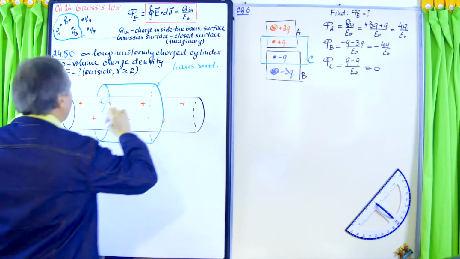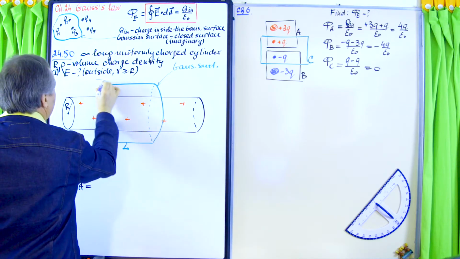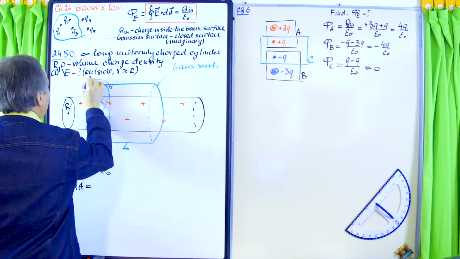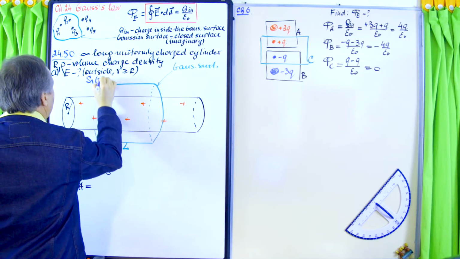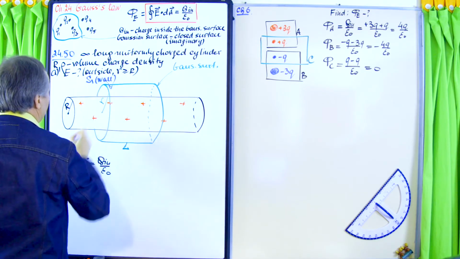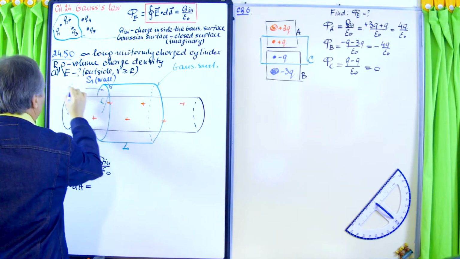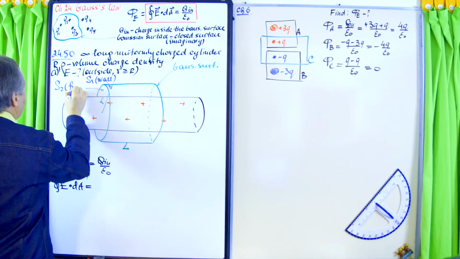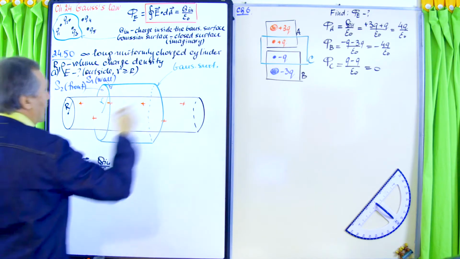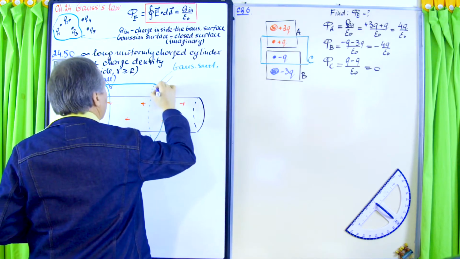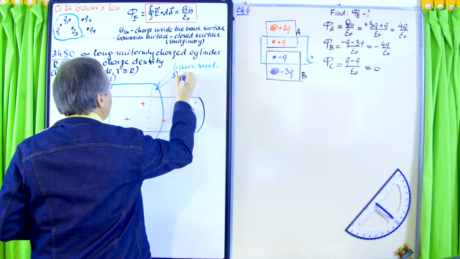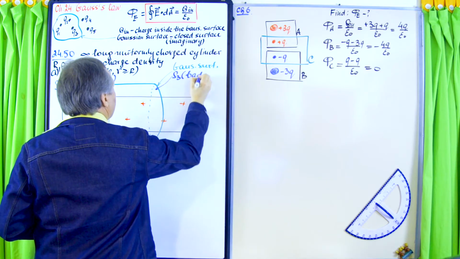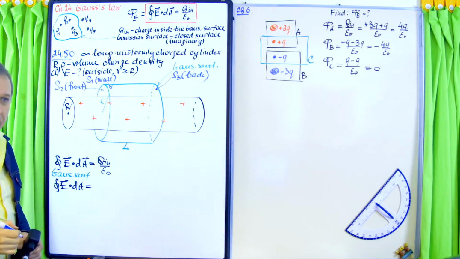Let me label this wall as S1 wall, then this surface as S2 front, and this surface S3 back facet. So 3 surfaces.